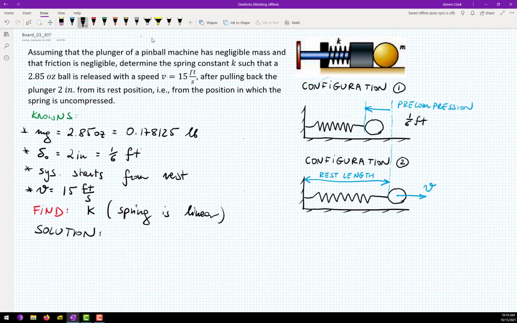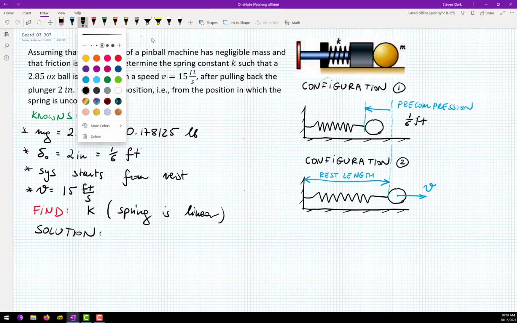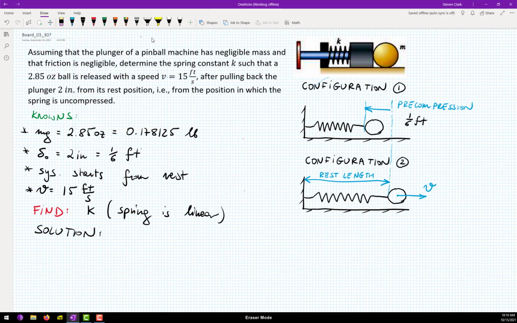Okay, so what do we have in here? We have a ball that has mass m, and it is attached to a spring. That spring is pre-compressed in configuration 1, by delta 0.